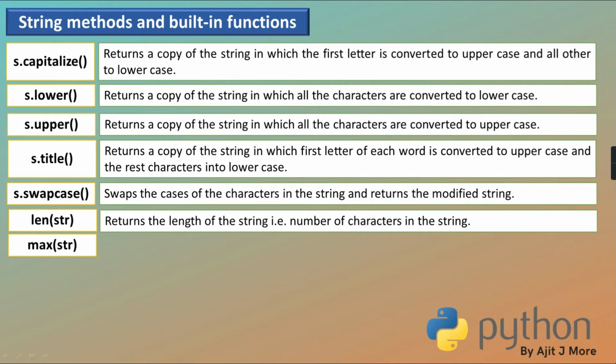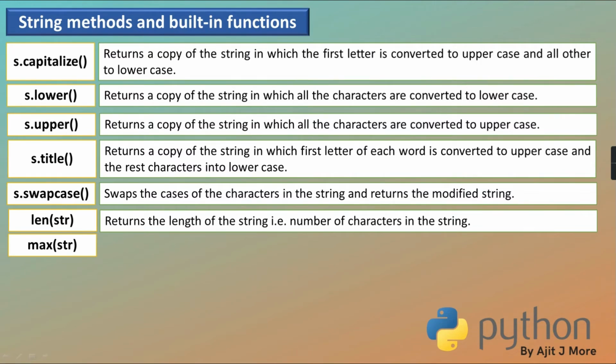Then we have max. Okay. Now I'm sure max also we applied on a list. Do you remember? Max, min, len, sum. We have applied these functions on a list. Do you remember or no? It returns the maximum element in the list, and minimum.